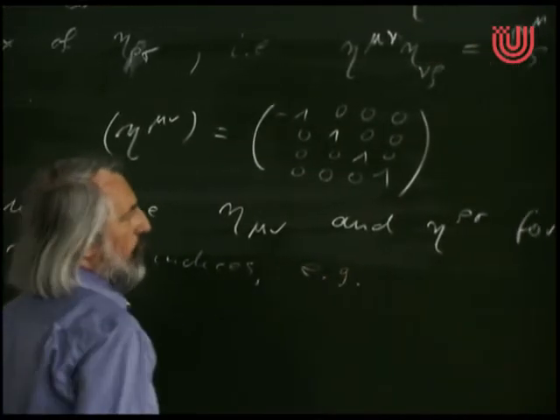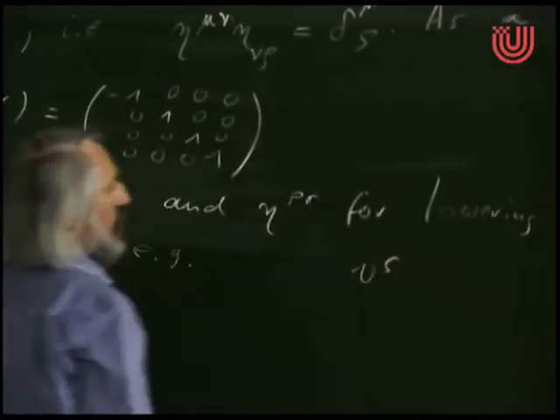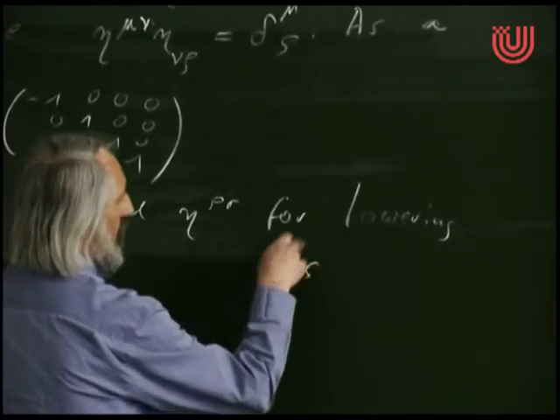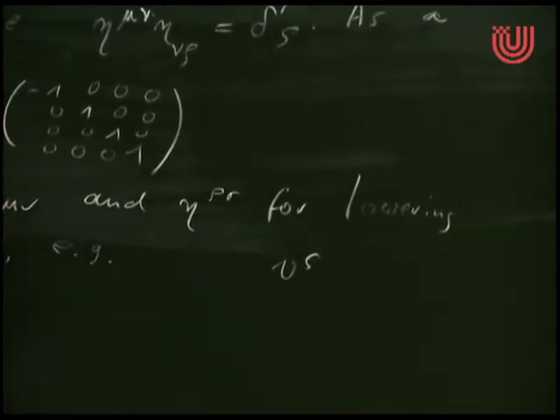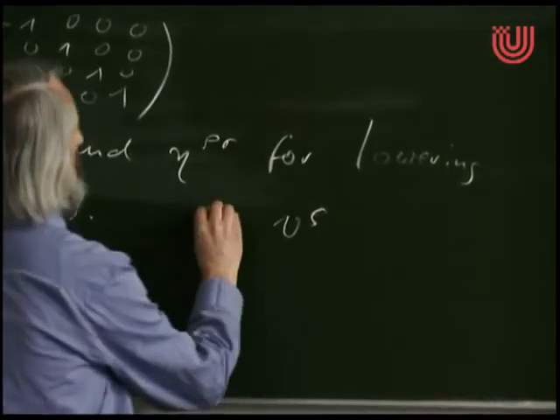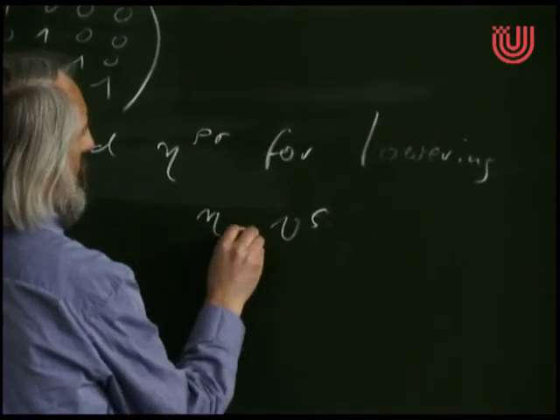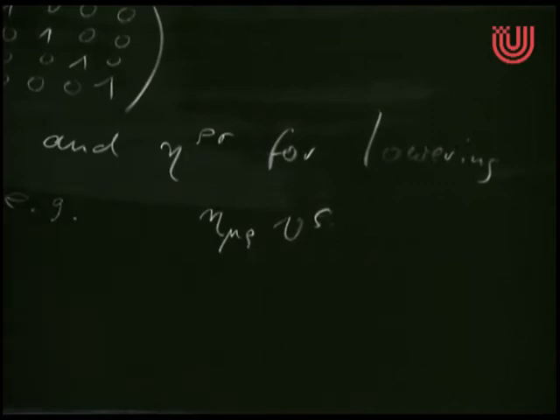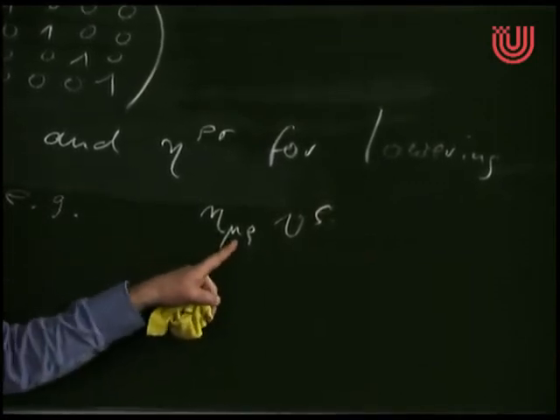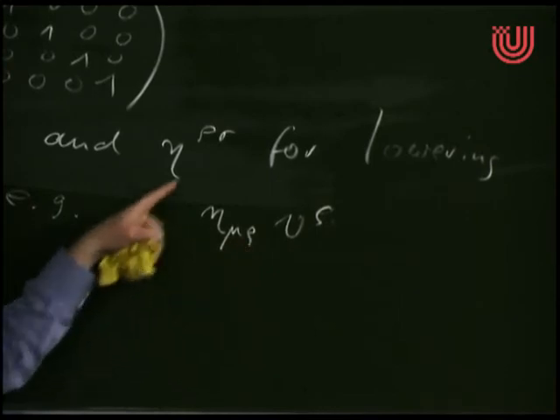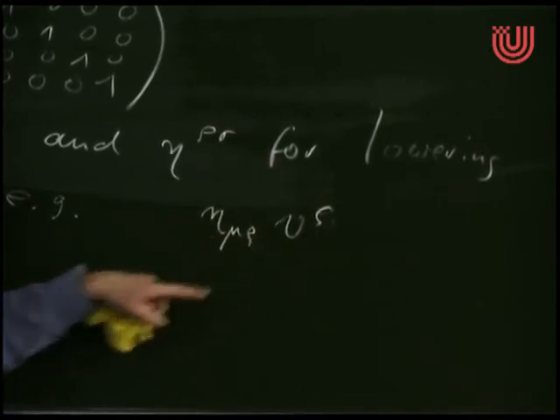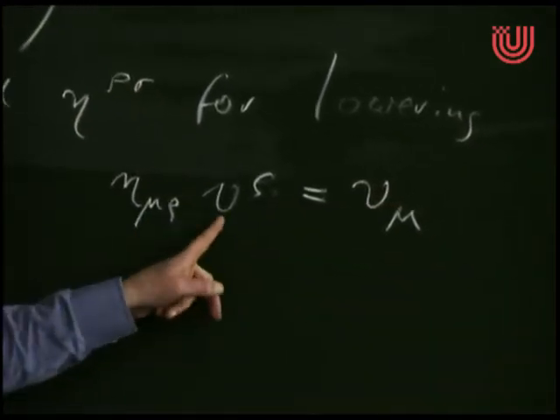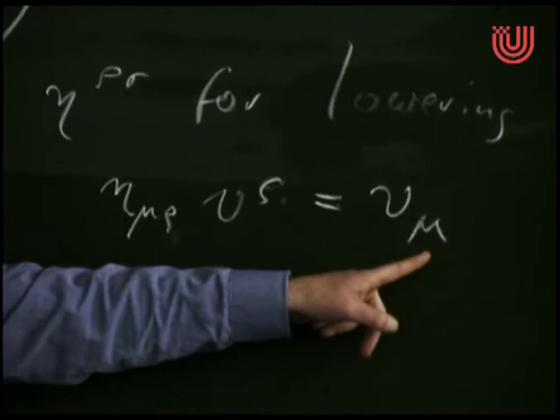So for instance, if we have something with an upper index, say an expression v rho, which depends on an index which takes values 0, 1, 2, 3, and we multiply it with the eta in such a way that here is a summation. So that's the same index. Then we get something which has an index down, right? Because this is summed over, so it's gone. The whole thing has just one index down. And that will then be denoted v mu, with the same kernel symbol, but now with a lower index.